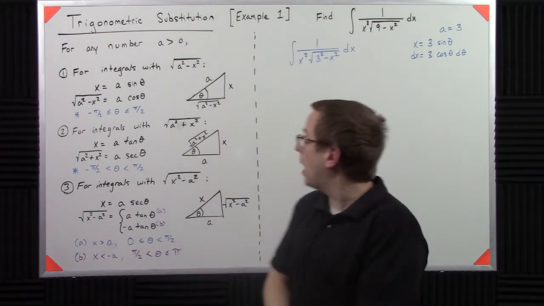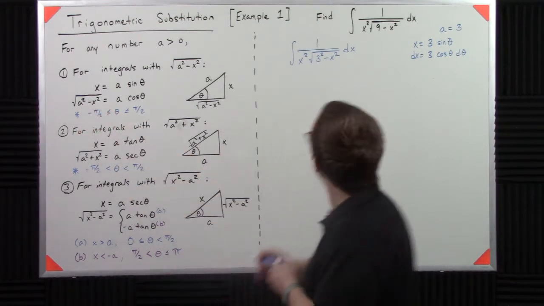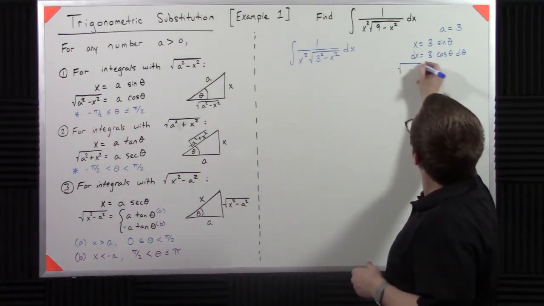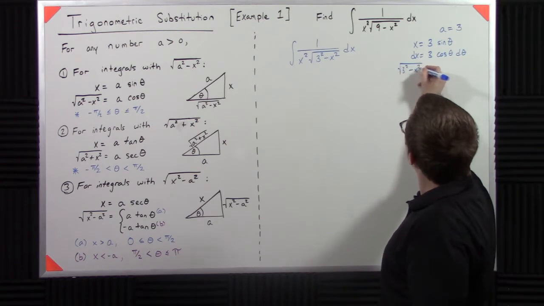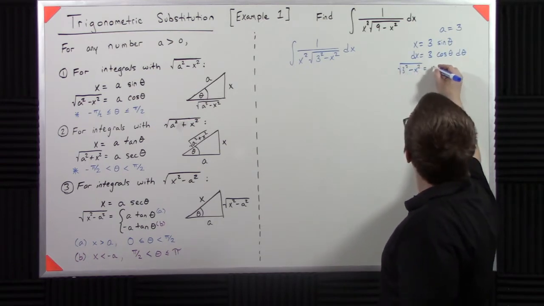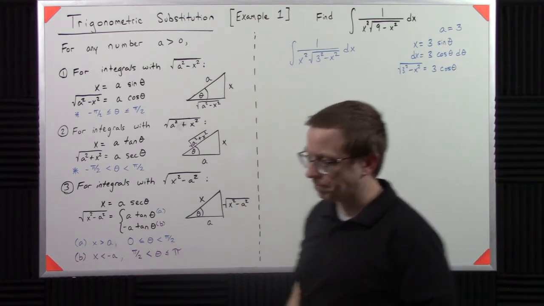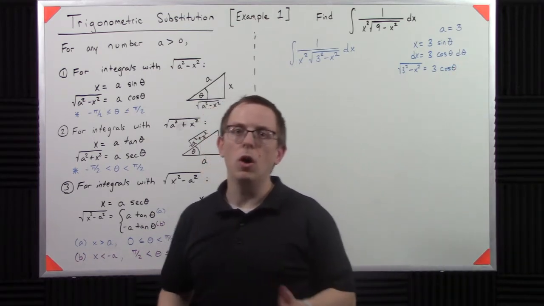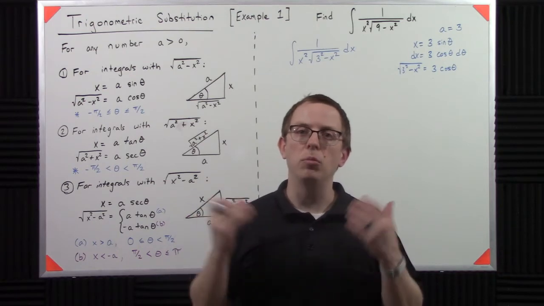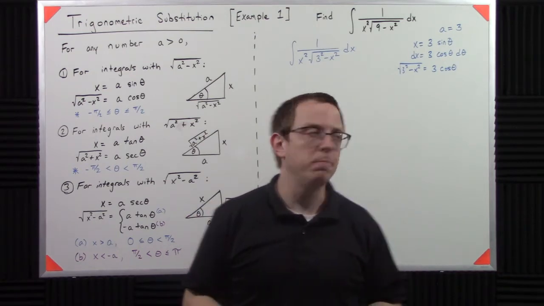And then I have that the quantity here, square root of 3 squared minus x squared, is 3 cosine of theta. Now doing that, I can plug in and let's see what we get.